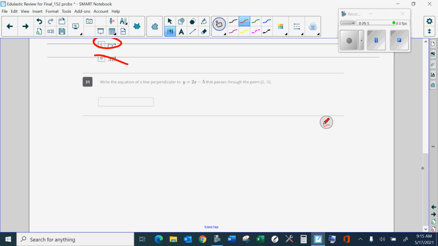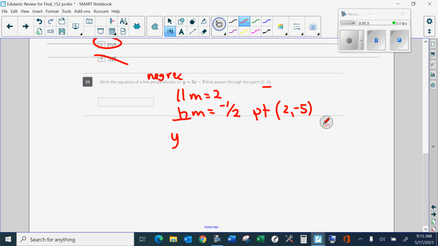Write an equation of a line perpendicular, negative reciprocal, that passes through this point. So parallel slope equals 2, perpendicular slope, negative reciprocal, negative 1/2, the point 2, negative 5. They usually want it in slope-intercept form, but we'll start with point-slope. y plus 5 equals negative 1/2 (x minus 2).